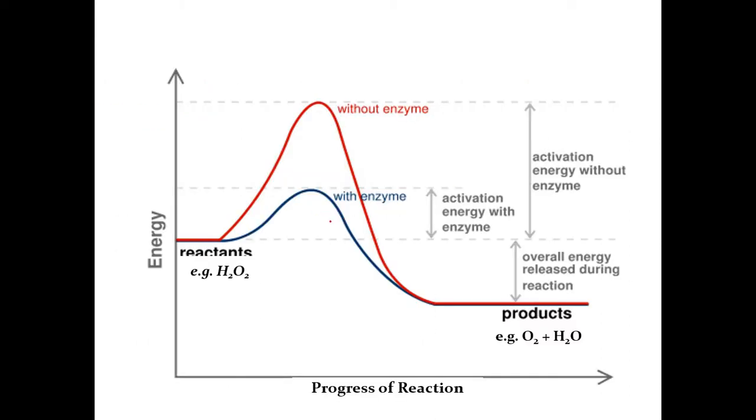So again, this is a graph showing you the catalyzed and an uncatalyzed reaction. So with enzyme, if you look at the activation energy, sorry, this is the activation energy. Gikan sa reactants nga energy. So if this is the activation energy with enzyme, and this is the activation energy without enzyme.